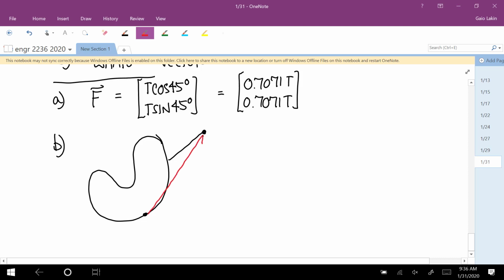This is what we want. You could just come up with the coordinates of that point D and subtract, or you could think of this as the sum of a vector from here to here and a vector from here to here. The sum of those two green vectors is that red vector.